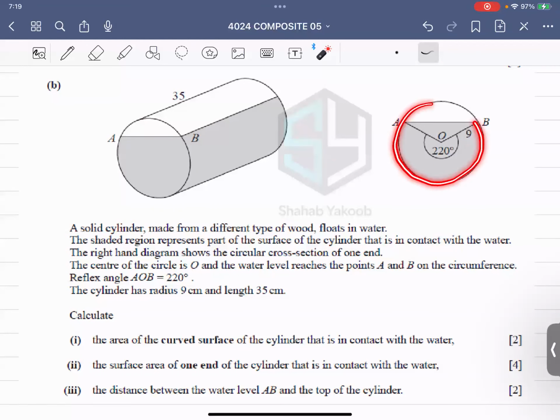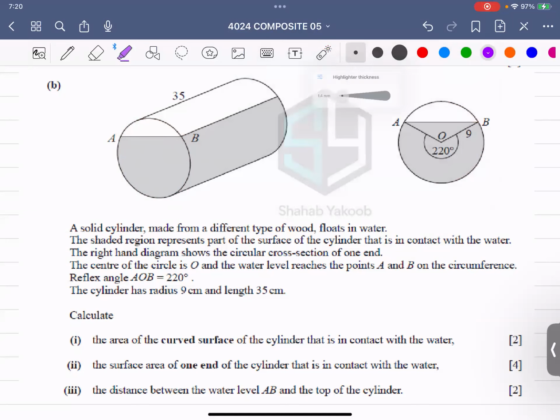This is the circular cross-section, and this is the line AB. Let me highlight some other important points, such as this AB that goes like this. And then this blue one is this AB.